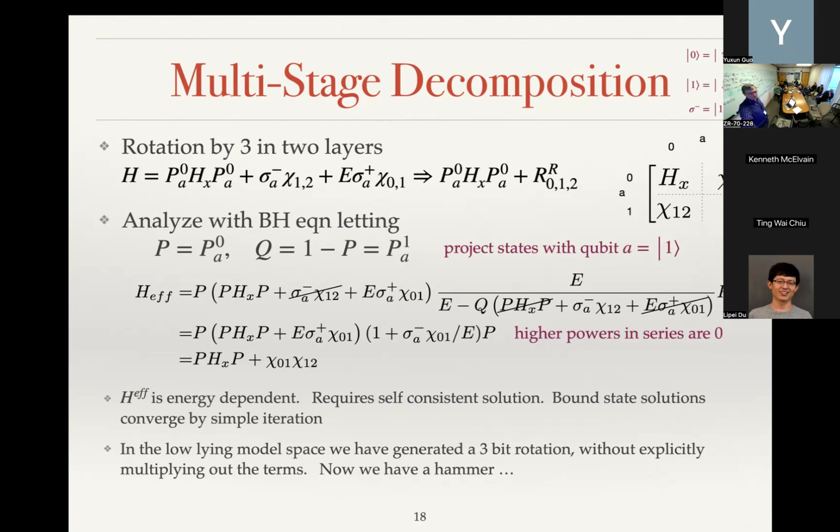I'm canceling out all the terms where that happened, and I end up with this product. And I get my original Hamiltonian that lived in the low-lying space, plus the product. It's essentially sequencing through these two pieces of the UV Hamiltonian.